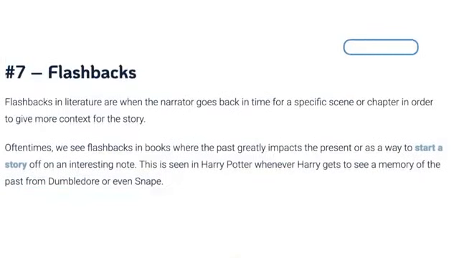Flashbacks can be used for a number of different reasons. It can be to further a plot point, it can be to uncover information the reader needs to know, or it can be used as a recurring plot device that either impacts your main character or helps them along in their journey. One book that does this really, really well is Vicious by V.E. Schwab. She uses the flashbacks as a literary device and as a plot device.